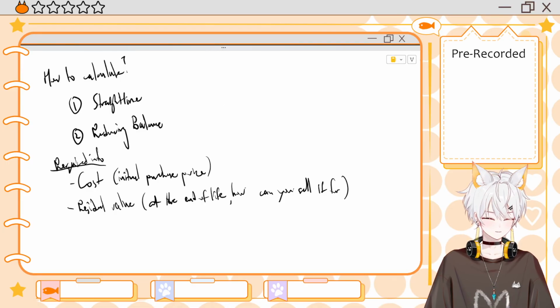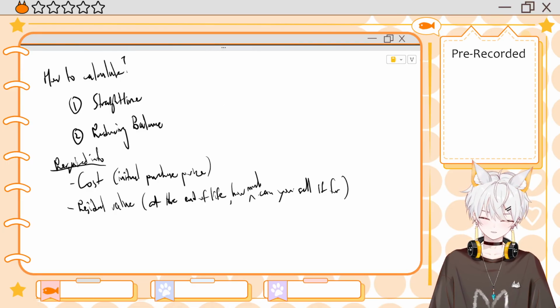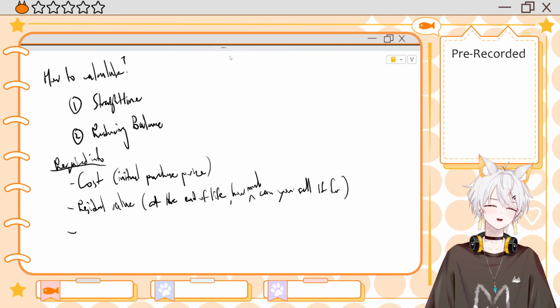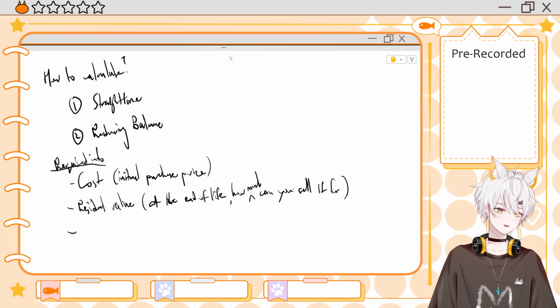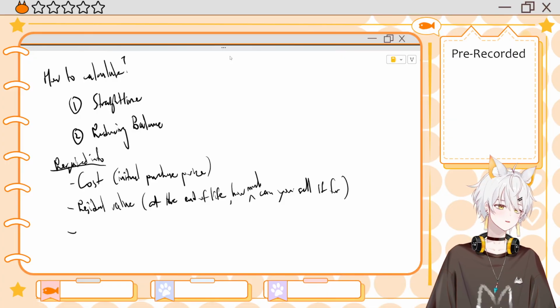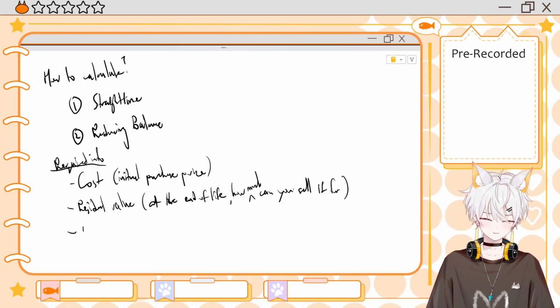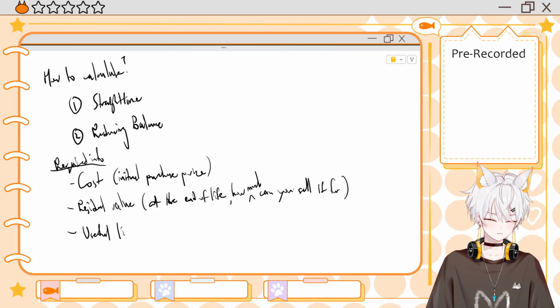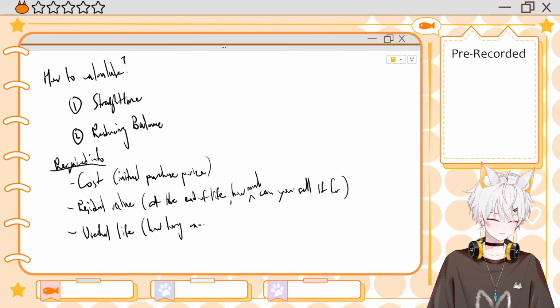Okay. How much can you sell it for, right? The next one would be how long do you intend to use this equipment or whatever for, right? So this is what they call useful life. Okay. So how long can you realistically use it for, right?